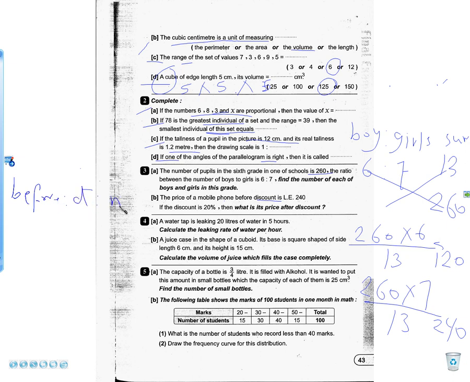We have before, discount, and after. Before discount we should write 100. Do you remember this? 100 should be written over here.